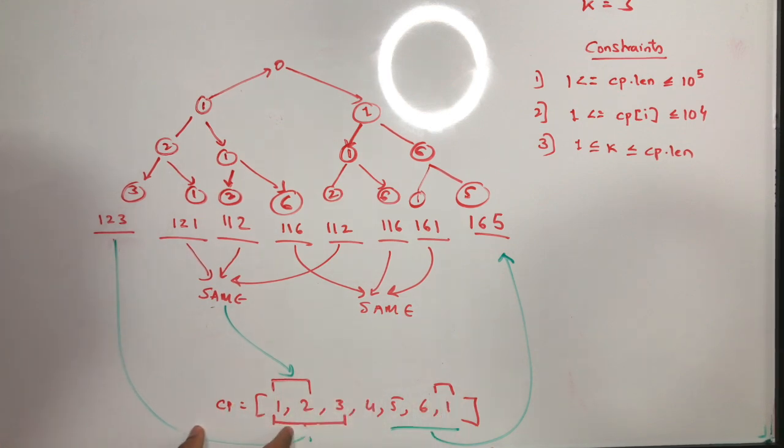Then you slide this window further and exclude 2 from that window, and now include the new number 6 on the rightmost side. So you will have 1, 1 and 6, and find the point again. And then finally you slide this window one last time, and you have no elements from the rightmost side in the window, and you have all these 3 elements here, which are the rightmost elements of the array, and you try to find the points.